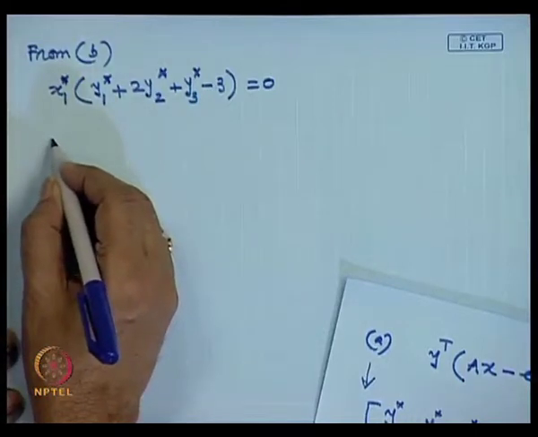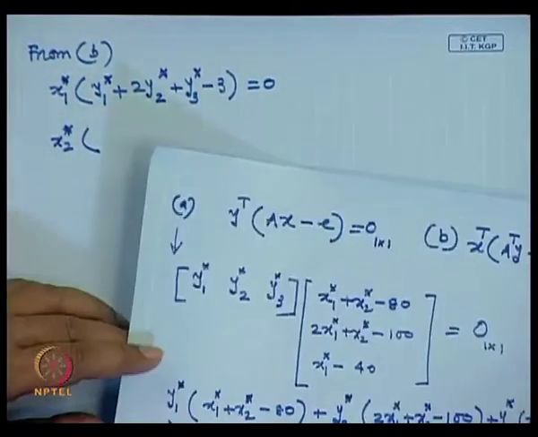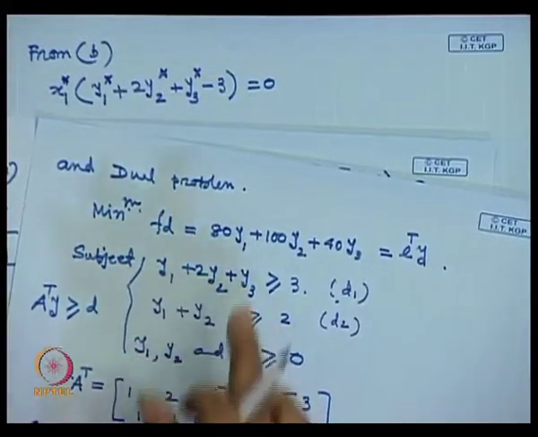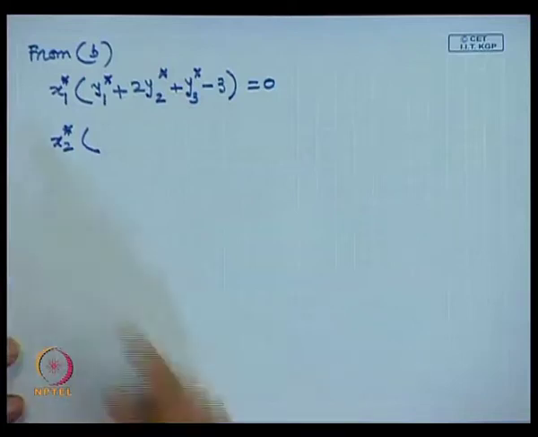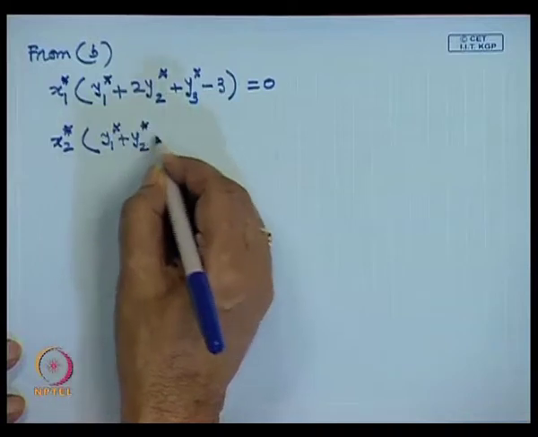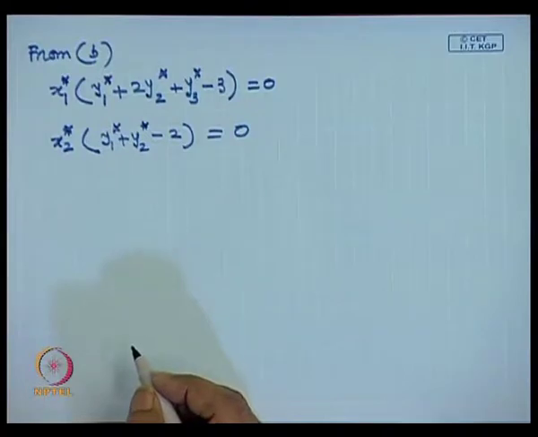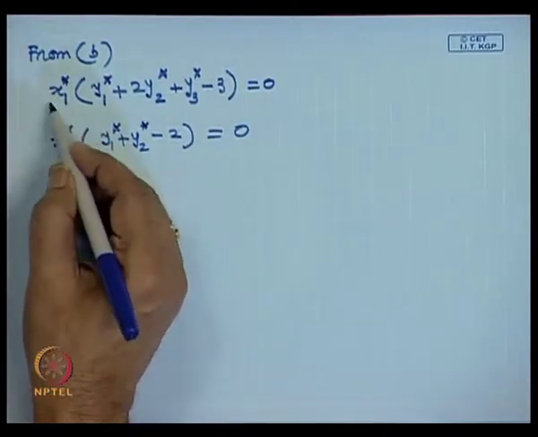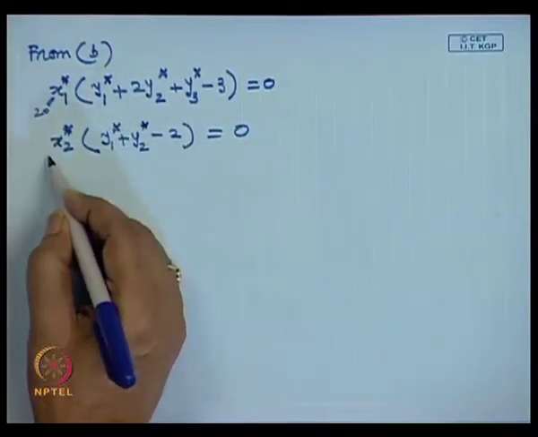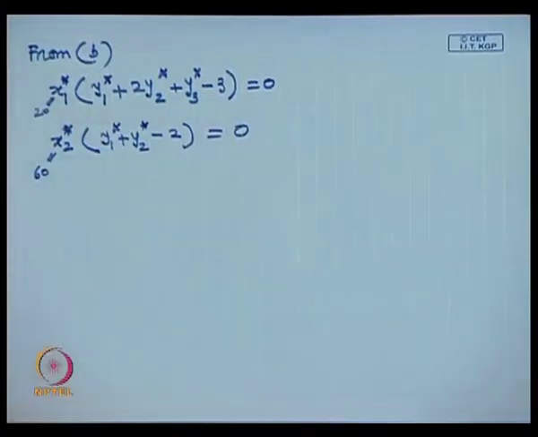Then another condition I am getting here: x2 star into that equation A transpose y minus D, that is y1 star plus y2 star minus 2 is equal to 0. Agree? You know the value of x1 is 20, this is the primal solution, and this value is 60.